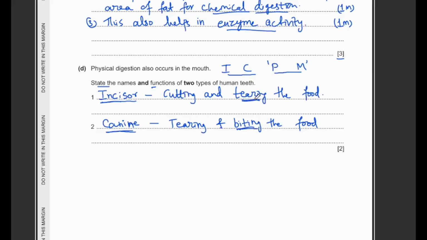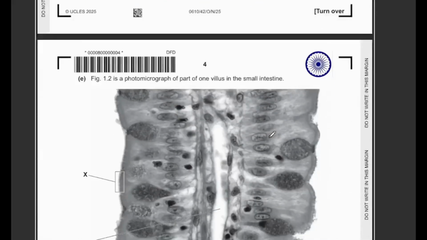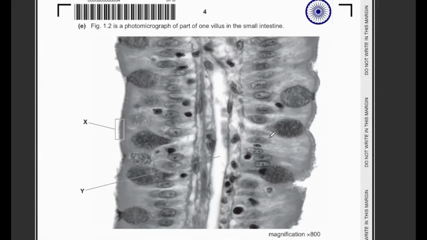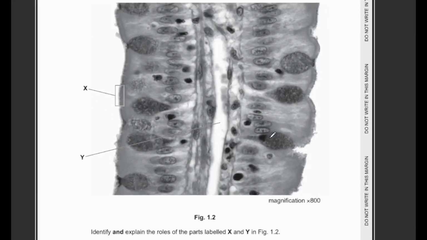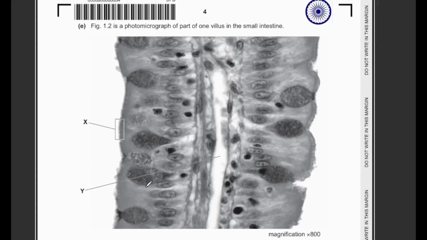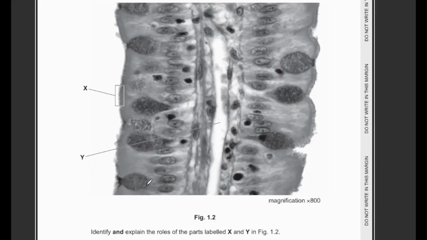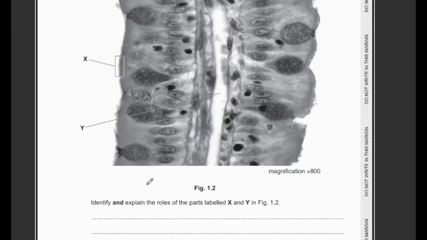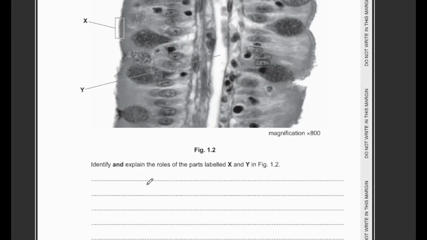Fine. Okay, next. Figure 1.2 is a photomicrograph of a part of one villus in the small intestine, and it has been magnified by 800 times. So X is there, Y is there here in the villus. Identify and explain the role of part labeled X and Y in figure 1.2.